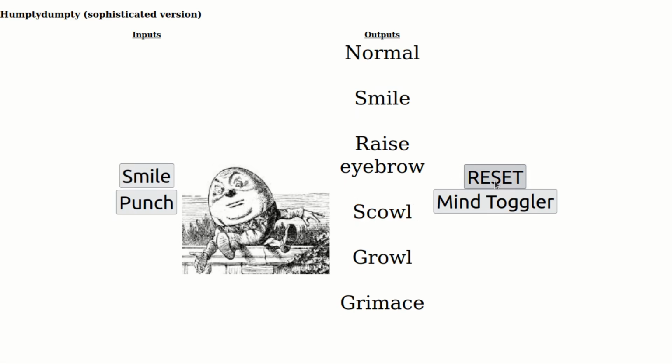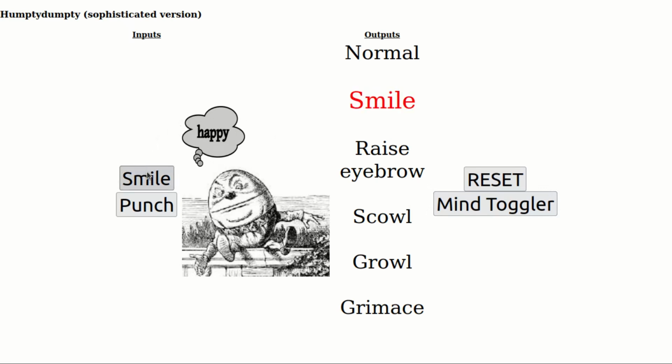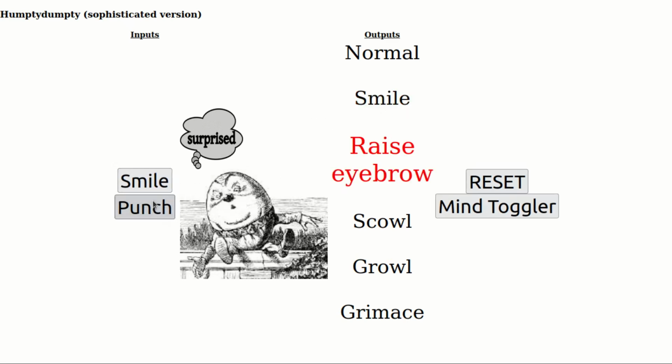Now, our robot is very kind and will not mind if we want to look inside its mind. So I will press this mind toggler and you can see what it is thinking. Initially, its mental state is ordinary. Now when you smile, you see two things change. The mental state becomes happy and it also smiles back. Now if you punch, the mental state becomes surprised and the robot raises its eyebrow.